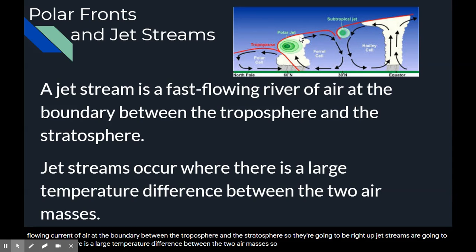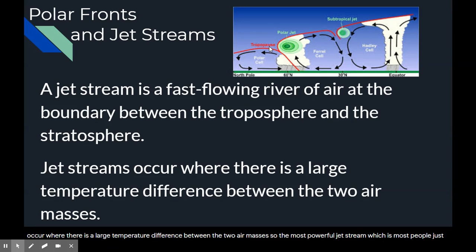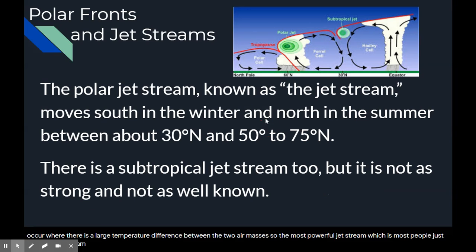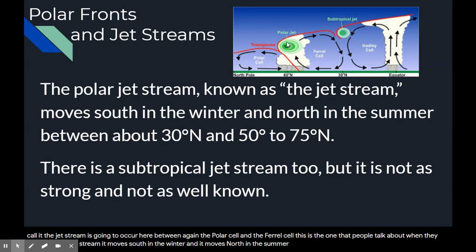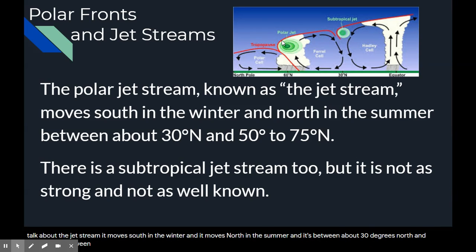So the most powerful jet stream, which most people just call the jet stream, is going to occur here between the polar cell and the Ferrel cell. This is the one that people talk about when they talk about the jet stream. It moves south in the winter and it moves north in the summer. And it's between about 30 degrees north and somewhere between 50 and 75 degrees north.